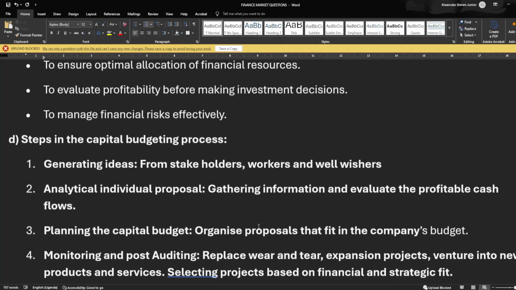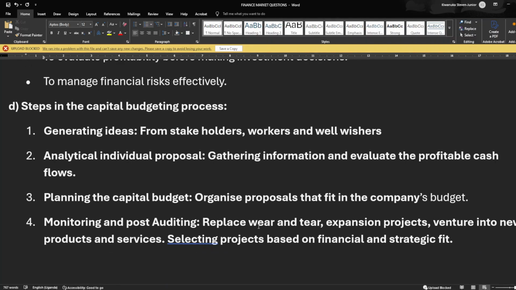Then steps taken in capital budgeting. First one is generating ideas. These ideas are generated from stakeholders, workers, and well-wishers. Secondly, analyzing individual proposals, gathering information and evaluating profitability and cash flows.